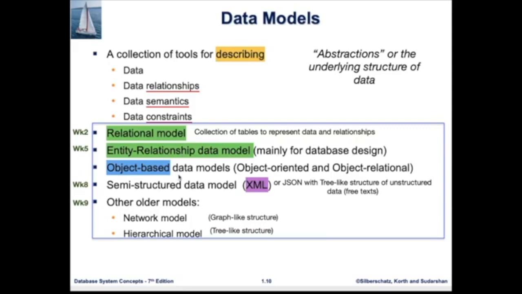And then we also have other data models, na object-based. So this is very similar to your struct model, tapos classes, and then may mga instances of the object. So in this particular model, it covers yung mga object-oriented and object relational models.